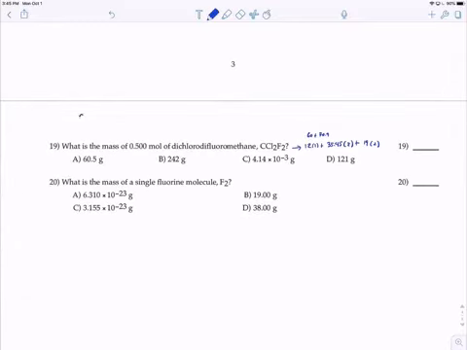So we have 0.5 moles of CCl2F2 times 130.9 gram CCl2F2 per mole CCl2F2, which is equal to 60.